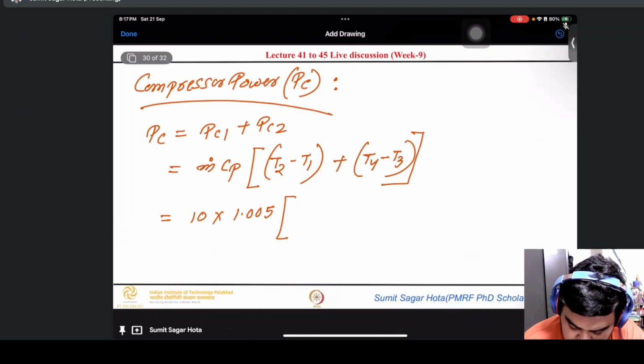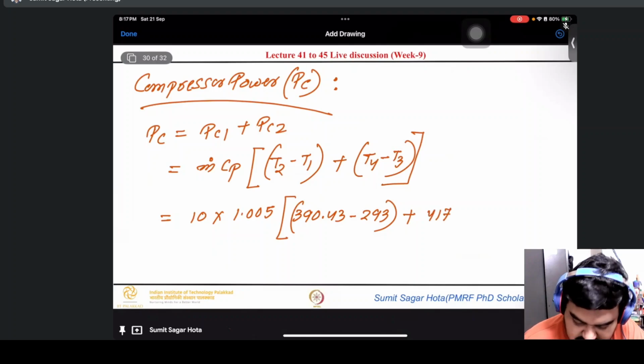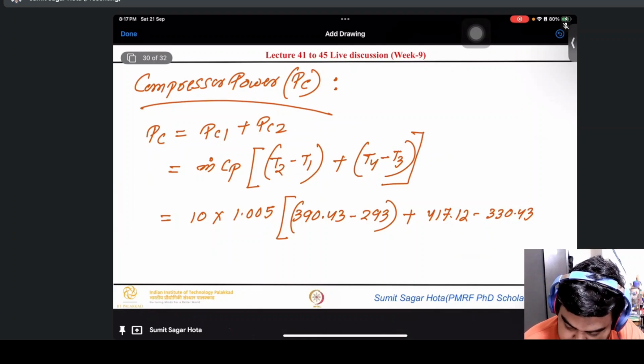Then it is (390.43 minus 293) plus (417.12 minus 330.43).